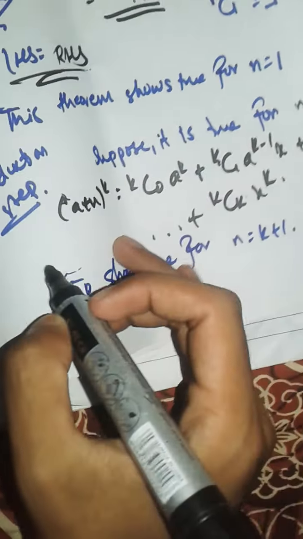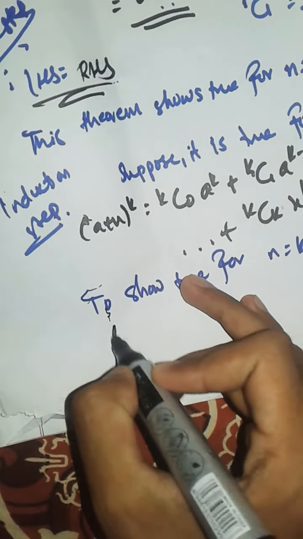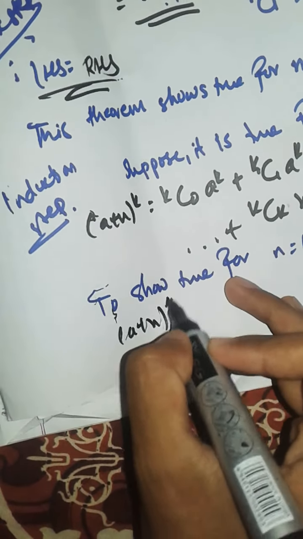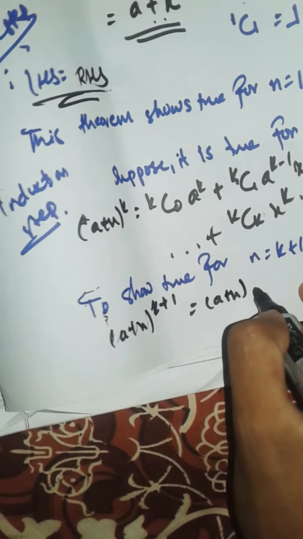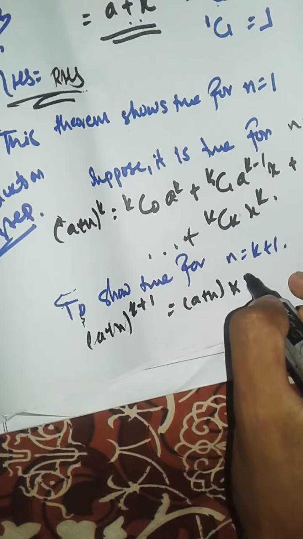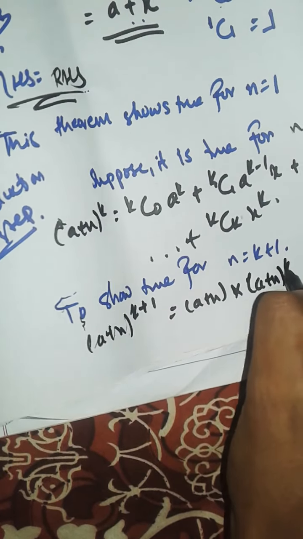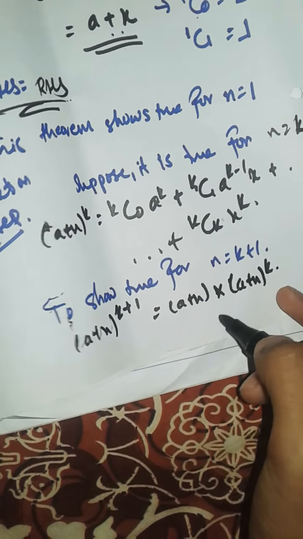So in the left hand side we have (a + x)^(k+1), which will be equal to (a + x) into (a + x)^k.